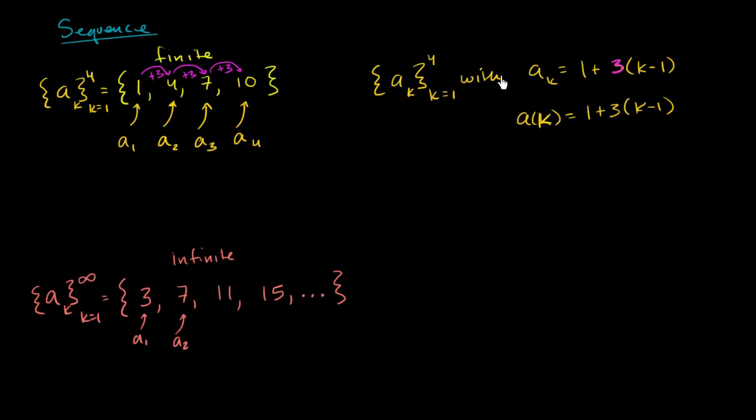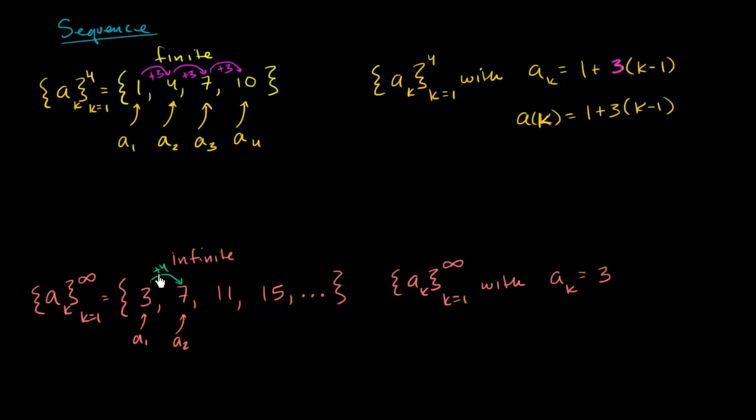Or we could define it explicitly as a function. We could write this sequence as a sub k, where k starts at the first term and goes to infinity, with a sub k equaling, so we're starting at 3, and we're adding 4 one less time.